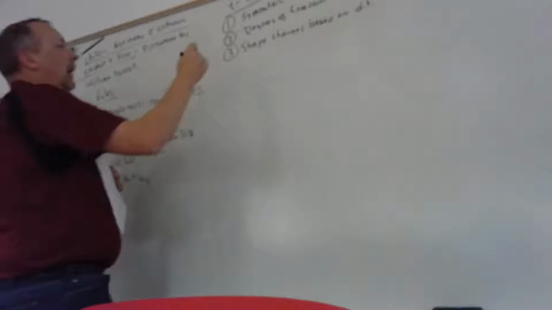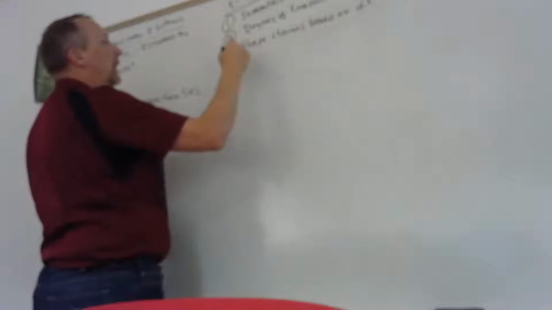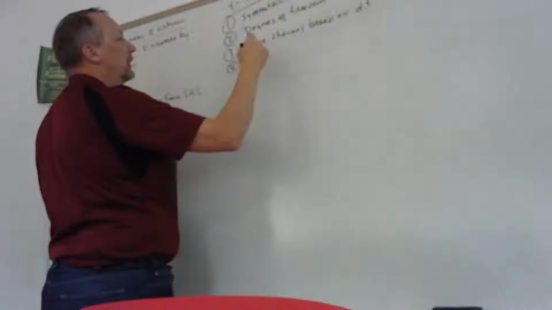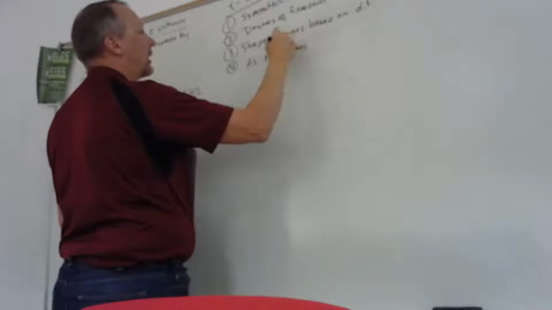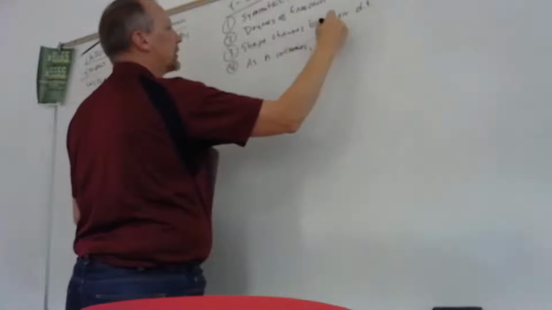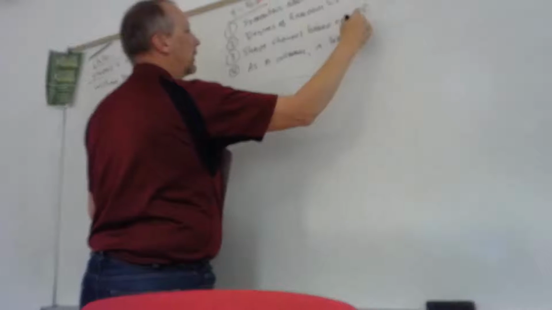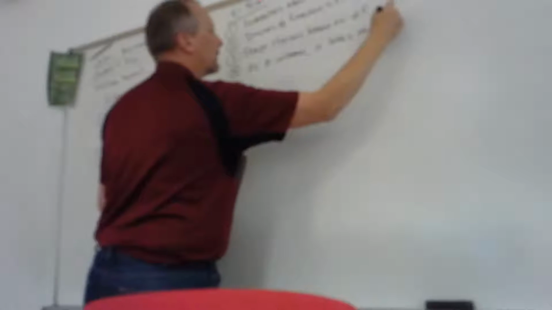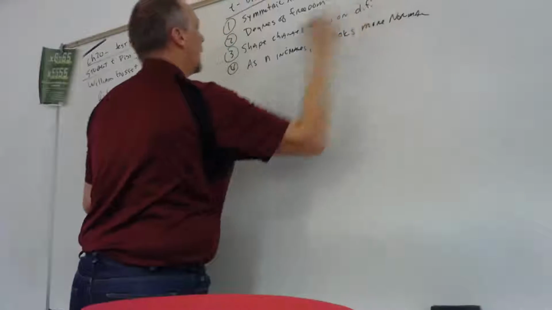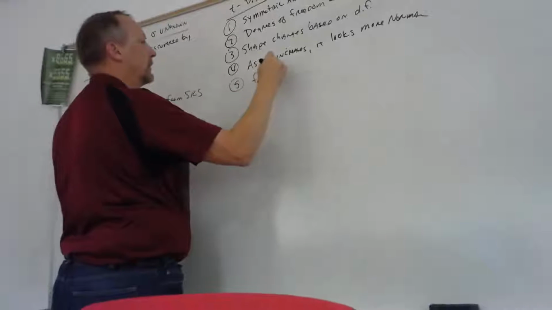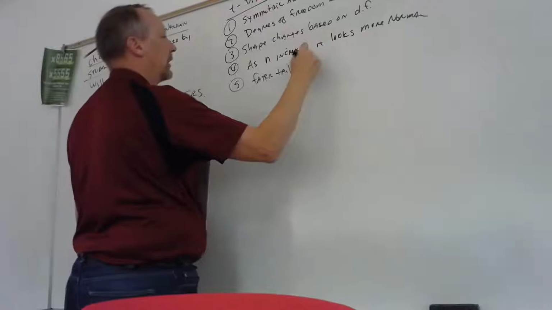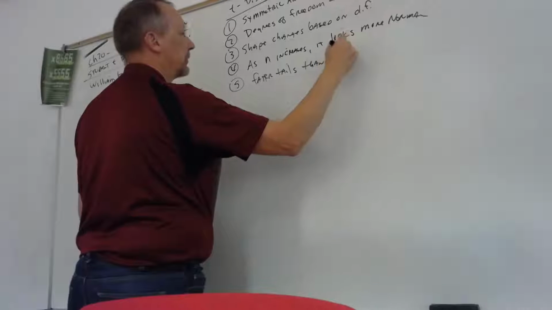Anything else there? Number 4, as your n increases, it looks more normal. And number 5, it has fatter tails than the Z distribution.